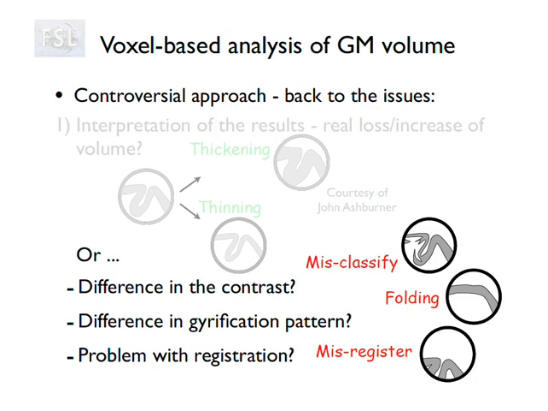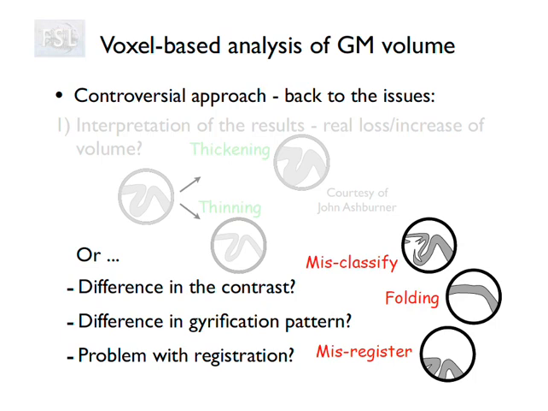It is a controversial approach, however, and that's partly because the segmentation and blurring may make it difficult to disambiguate the more complex features of the cortical gray matter.